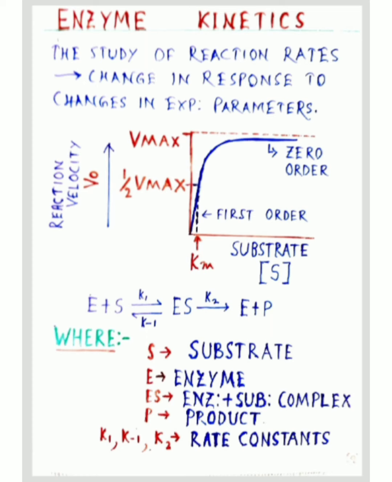Now the ES complex may revert back by rate constant K minus 1 to enzyme plus substrate. So it is not a stable reaction intermediate, but a very brief point in the course of reaction when the reaction is at the top of an energy hill.